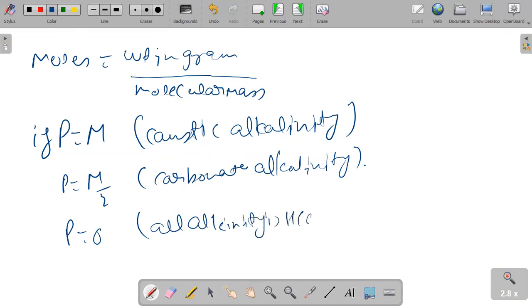If P is less than M by 2, then predominant species are CO3 2 minus and HCO3 minus.